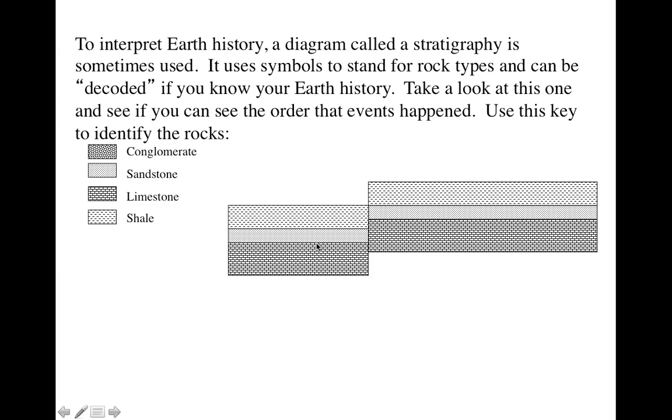The next thing that happened, and I know that because look, limestone, same, sandstone, same. Now these two line up. So that must have been the third thing, this layer of shale. Now remember the hill that our elementary sits on, actually the ground that our high school and junior high sit on, is shale. This usually is deposited in really low energy water, like a deep ocean, a deep sea.